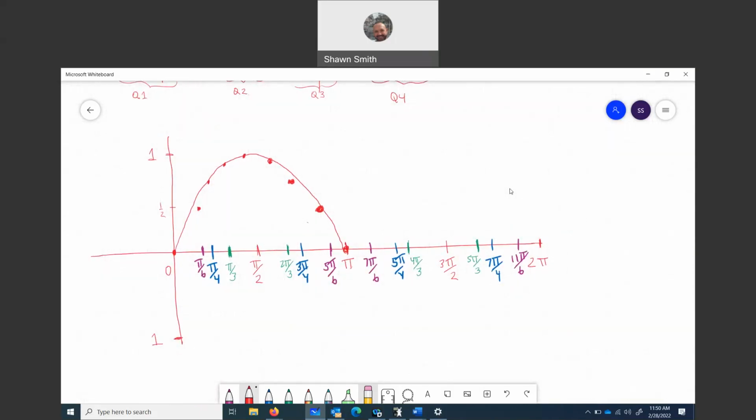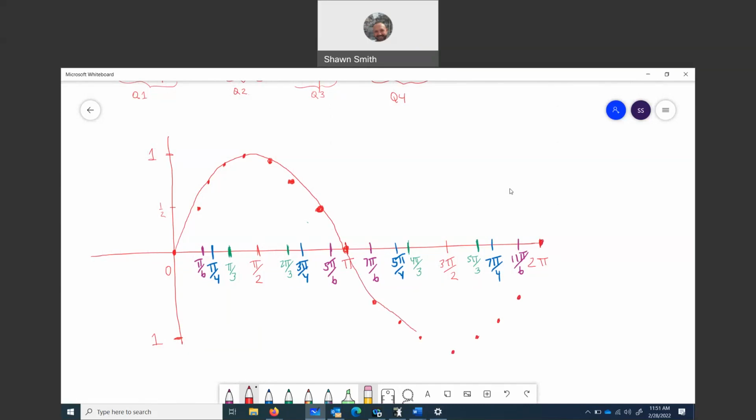So 7 pi over 6, we are negative 1/2. 5 pi over 4, negative 0.707. 4 pi over 3, negative 0.866. 3 pi over 2, negative 1. 5 pi over 3, negative 0.866. 7 pi over 4, negative 0.707. 11 pi over 6, negative 1/2. 2 pi back at 0.